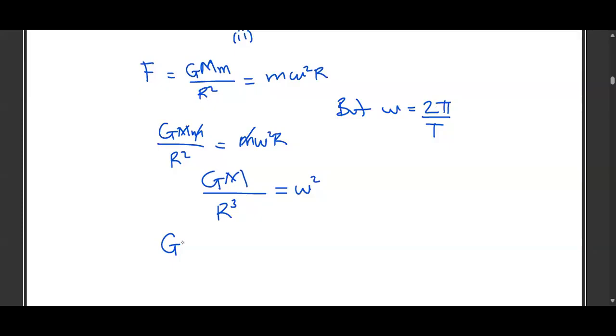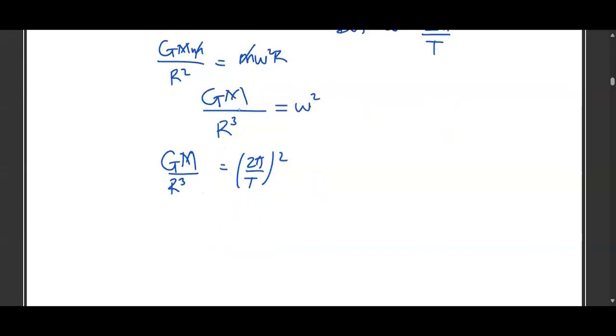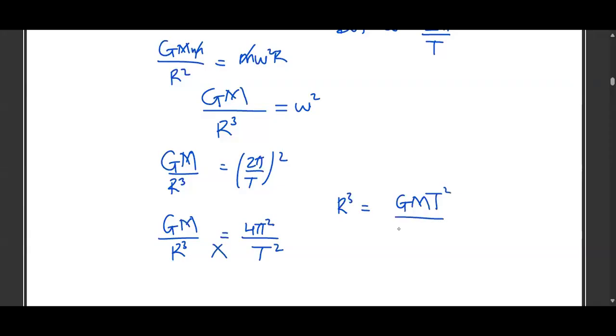So we have GM divided by r cubed equal to 2 pi divided by T, but now squared. And for this case, we shall have GM divided by r cubed equal to 4 pi squared divided by T squared. Cross multiply here, and we shall come up with r cubed equal to GMT squared divided by 4 pi squared.